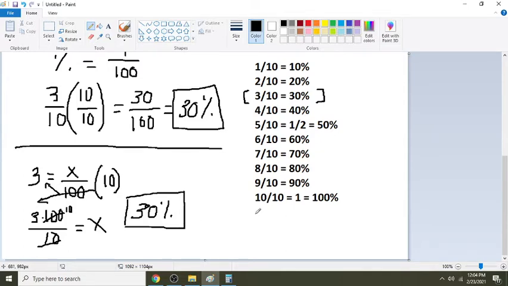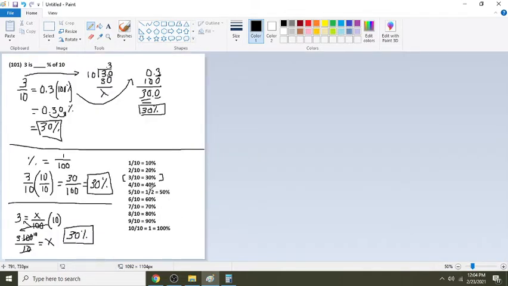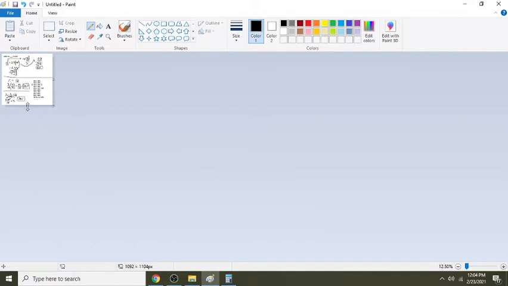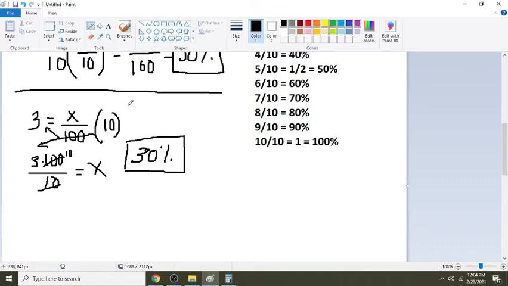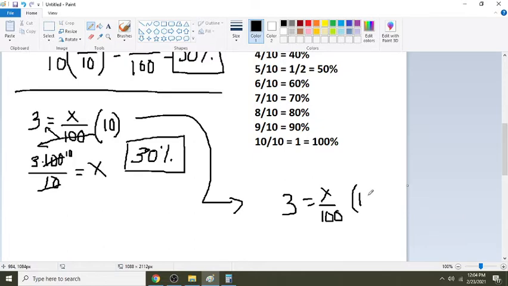Now perhaps I need to explain how that happened. Let me give you a more detailed tour. That's 3 is equal to x over 100 times 10. The basic principle is to isolate the variable x.